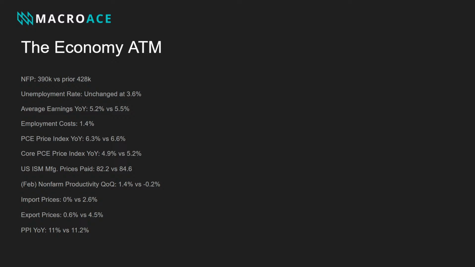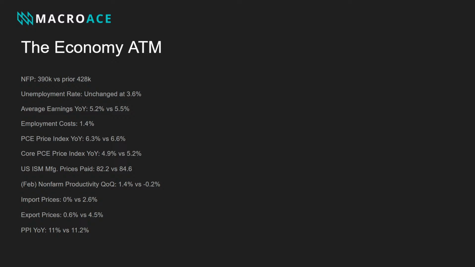Employment costs, so that's the quarter-on-quarter data, at 1.4%, with the PCE price index year on year 6.3% versus 6.6%. That's the Federal Reserve's preferred measure of inflation. Core PCE price index, which is what they really love, declined to 4.9% versus 5.2%. ISM manufacturing prices paid also declined to 82.2 versus 84.6.